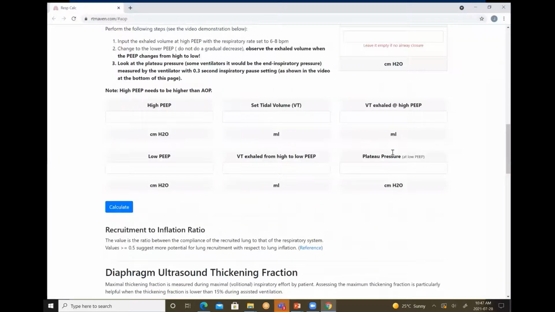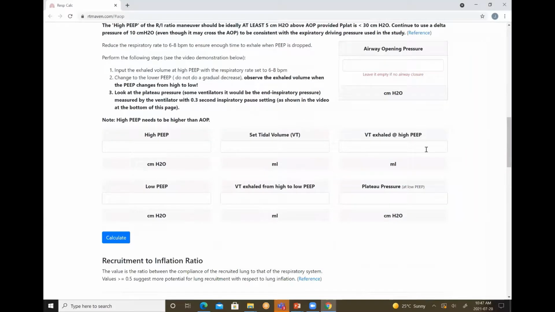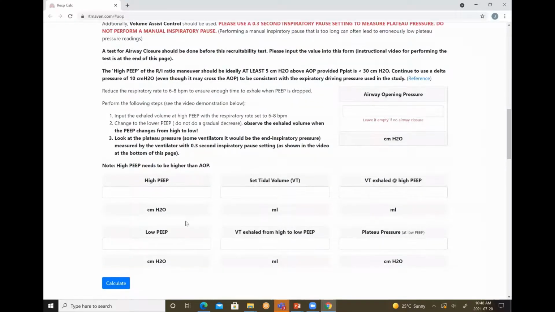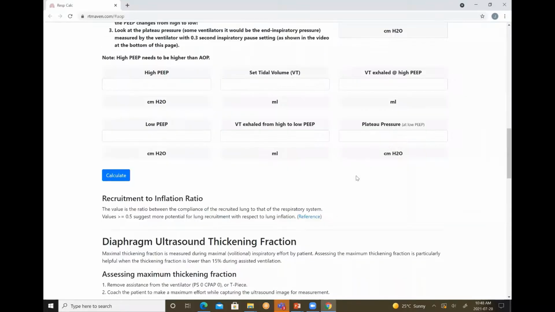Okay, so here is our RI ratio calculator that we're going to be putting a few different values into, and it will evaluate our recruitment to inflation ratio as we go along.